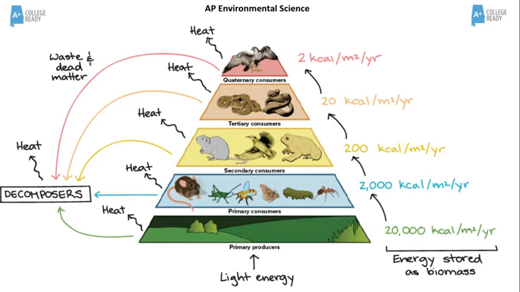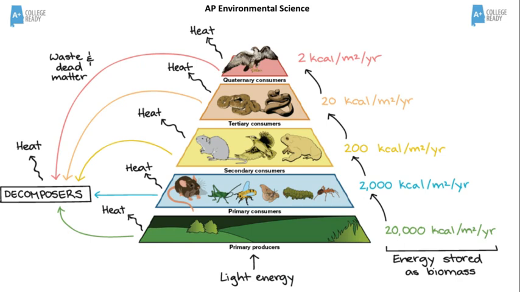Let's look at this energy pyramid. First, notice that the trophic levels are identified. We have producers, consumers, secondary consumers, tertiary consumers, and quaternary consumers. Then notice on the right side, the amount of energy in kilocalories per meter squared per year is shown at each trophic level. Which trophic level has the most energy stored in its tissues?